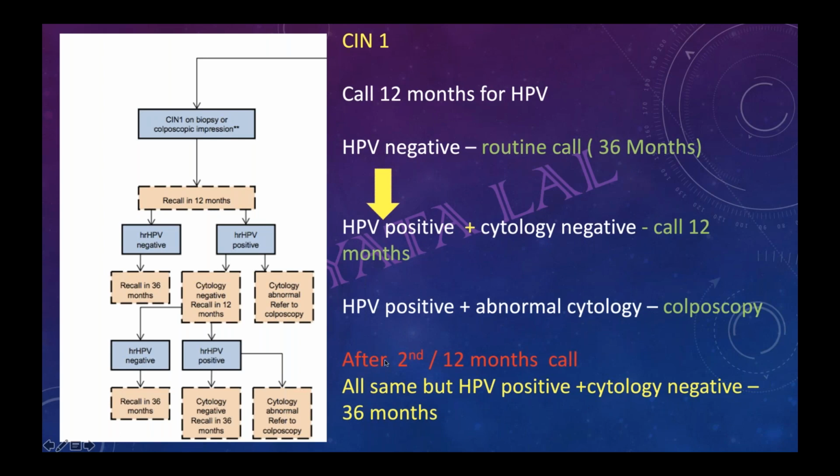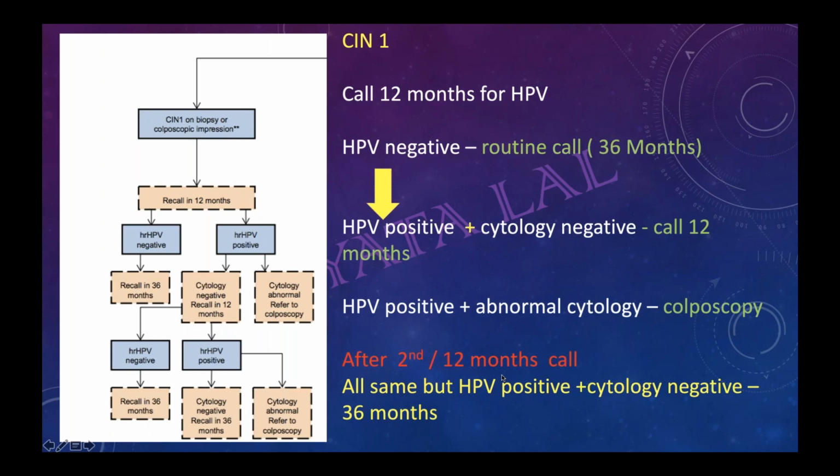This part you have to remember. If HPV came positive two times and cytology was negative both times, then the second time you can send this patient to routine call. You will not call this patient again after 12 months.